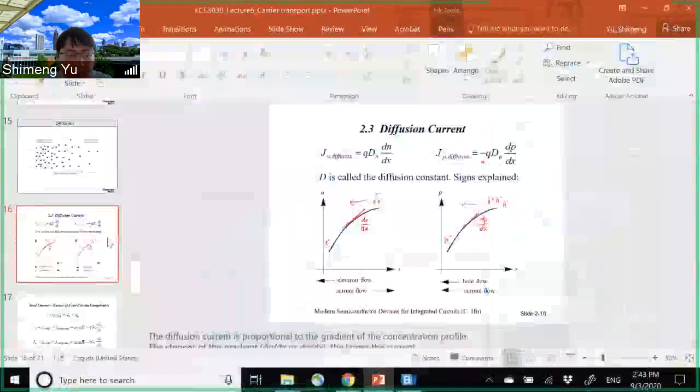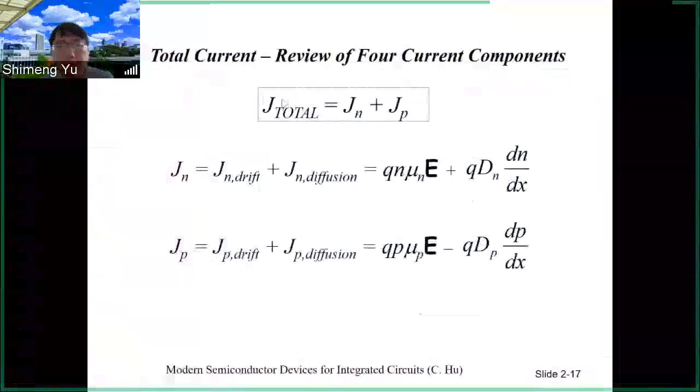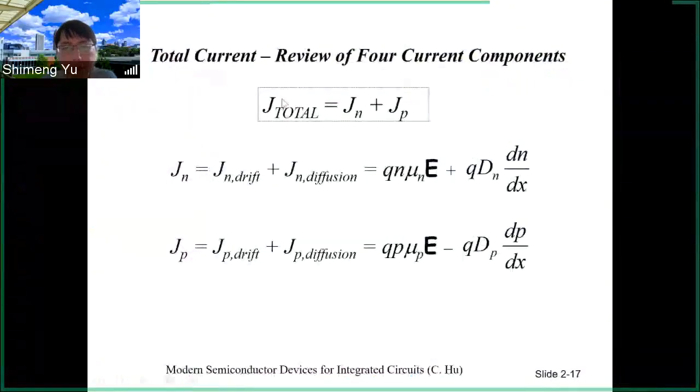All right, so if you consider all the components of the system, the total current density can be contributed by either electron current density or the hole current density. So it's a sum of those two. And for the electron density, you can consider two mechanisms. One is drift.